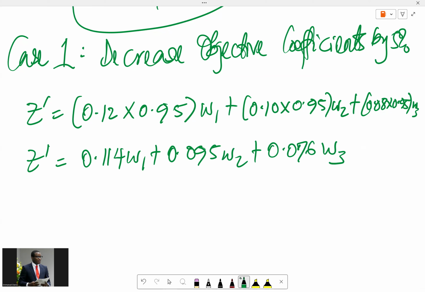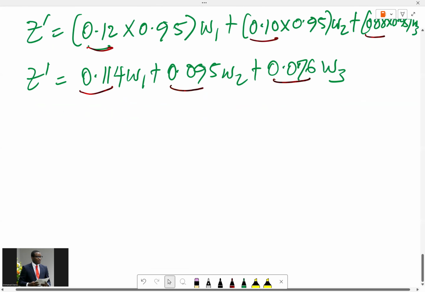So we have reduced all the coefficients. The original coefficients were 0.12, 0.10, 0.08, and this is now the 95% value of each of the coefficients. So we have our new problem.